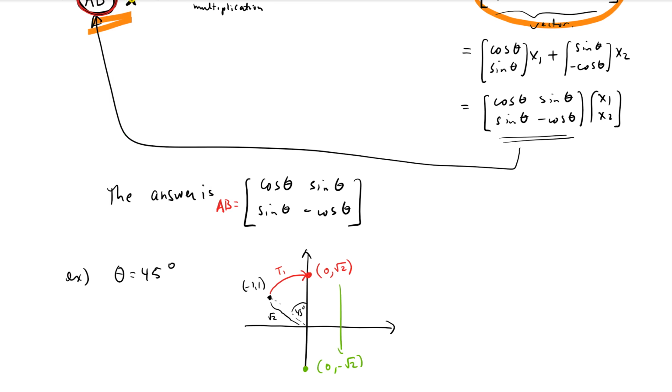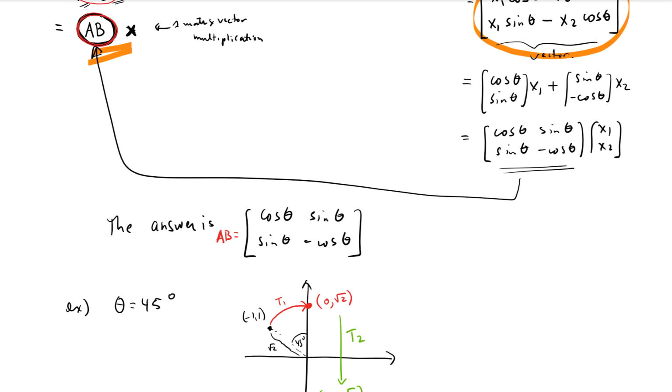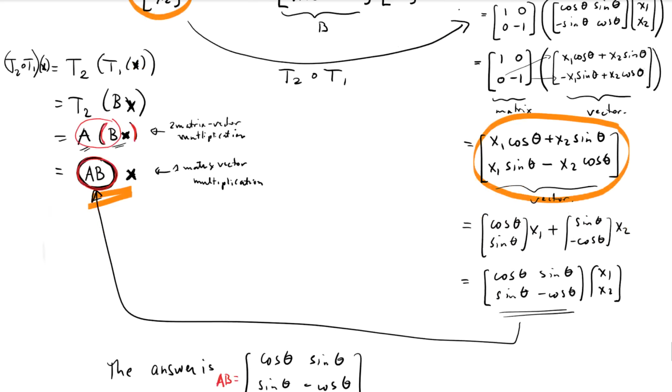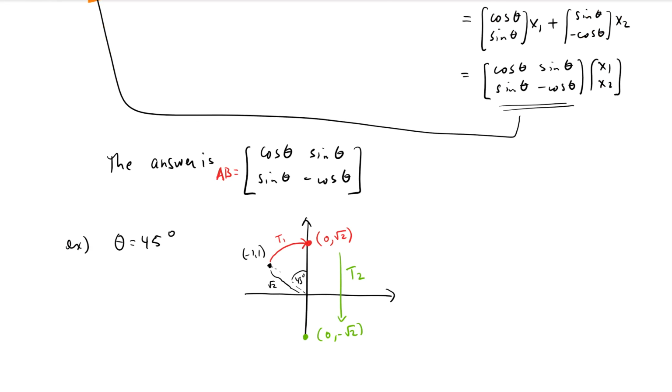So this is by doing T2. What you have here is what I was trying to illustrate right here, but with an actual value of theta and an actual point. And what I want to show you is that the matrix AB will take us directly from here to here in one step, just verifying that it actually works.